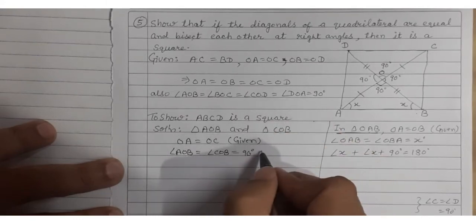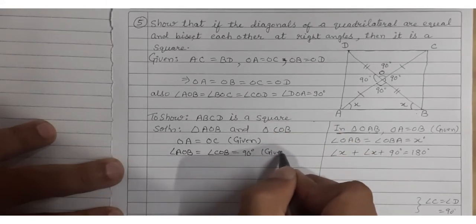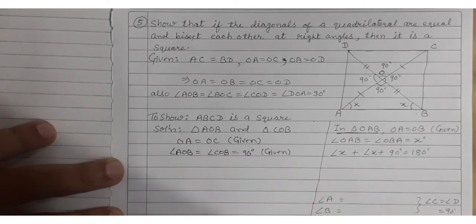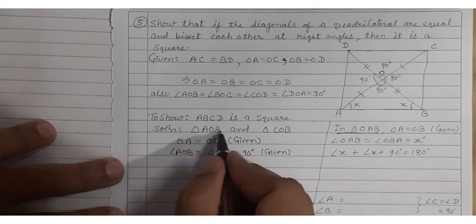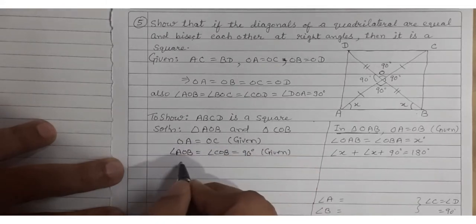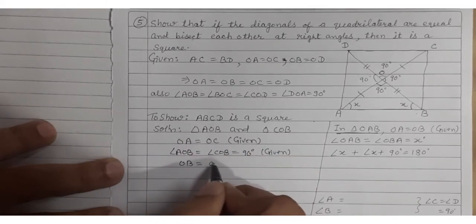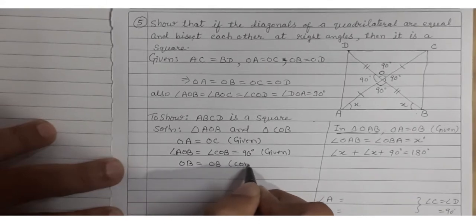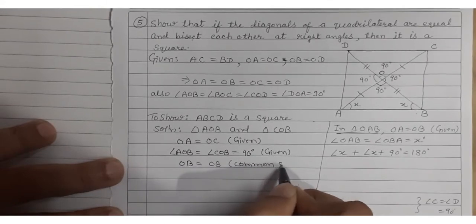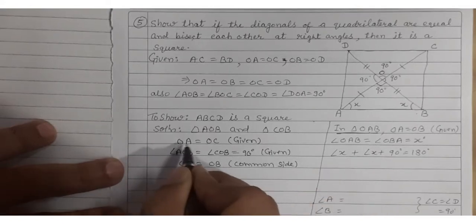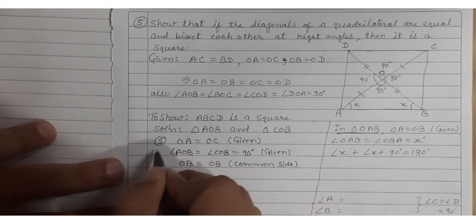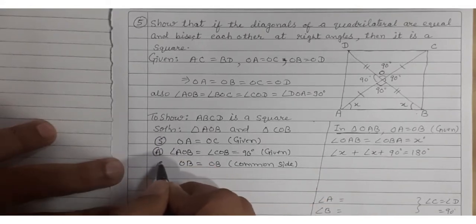This is again given. Then what is the third thing? Third thing is OB equal to OB, common side. Then see, this is side, this is angle and this is side.